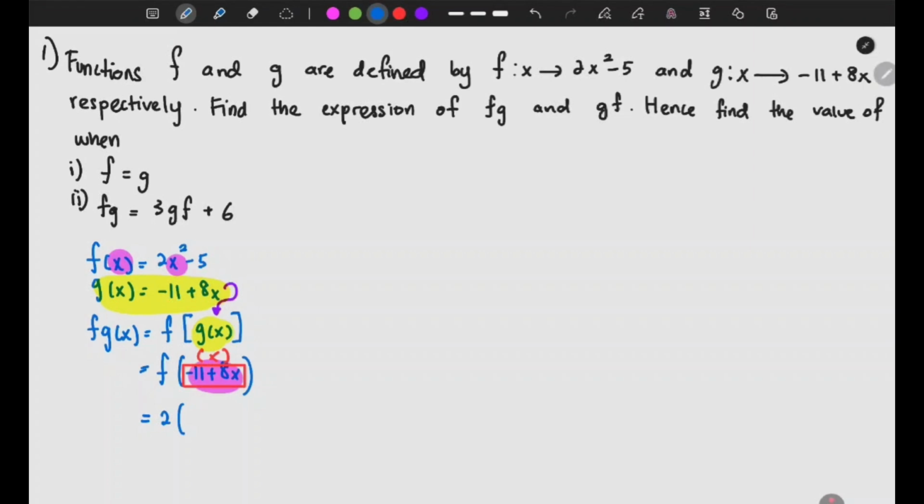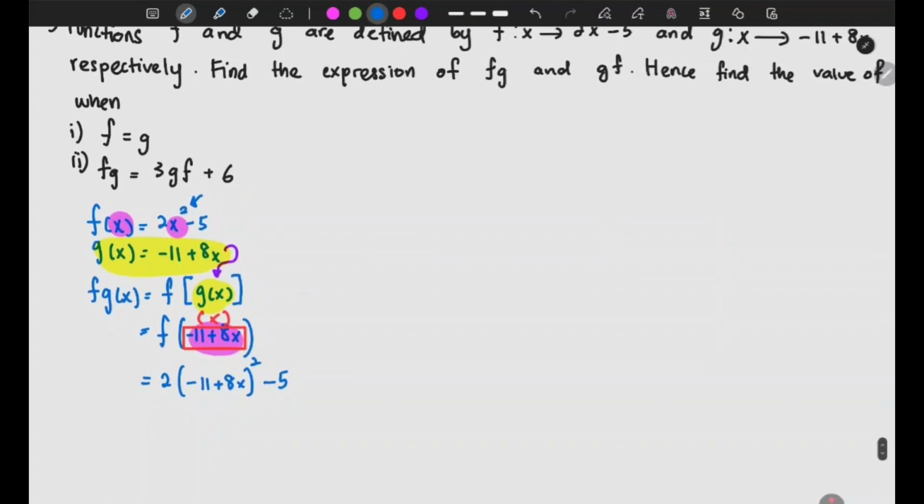You want to expand? Can I expand? But I'm too lazy to expand. Okay, you can stop here, I guess. Do you want to expand? Okay, let's just expand. So 2, negative 11 squared you'll get 121, and 8 squared is 64.